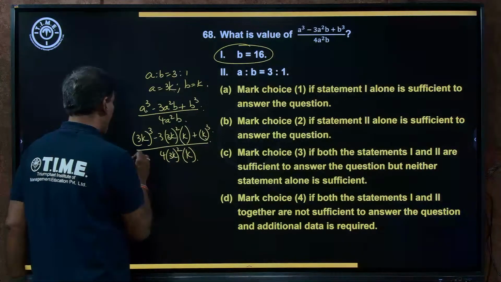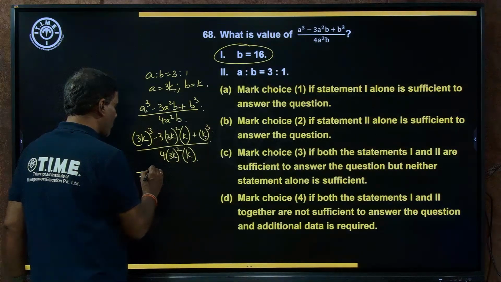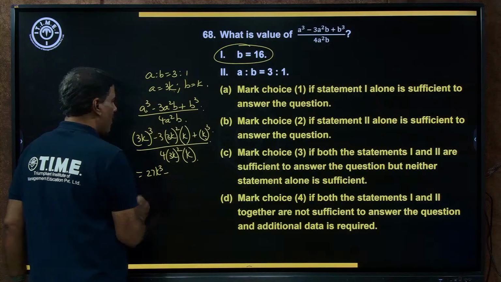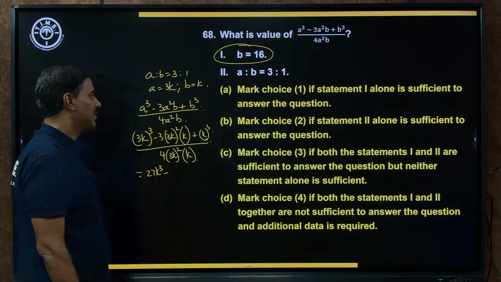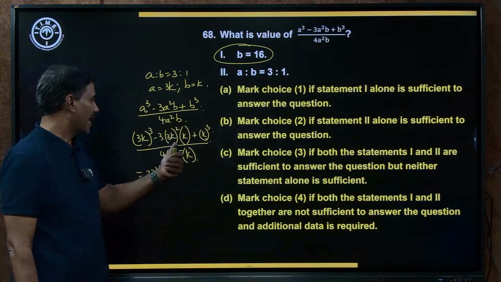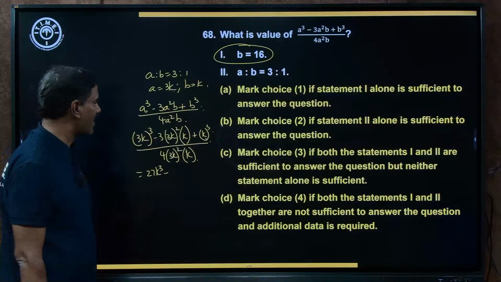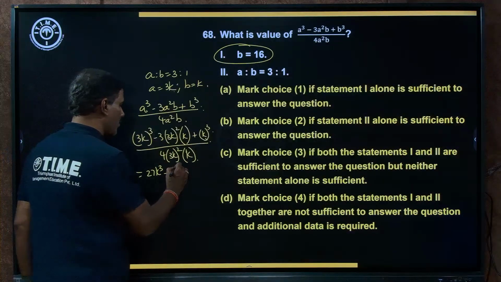So 3k whole cube we get 27k cube. 3 into 3k whole square, 3k whole square will be 9k square. 9k square into 3 will be 27k square into k will be 27k cube.